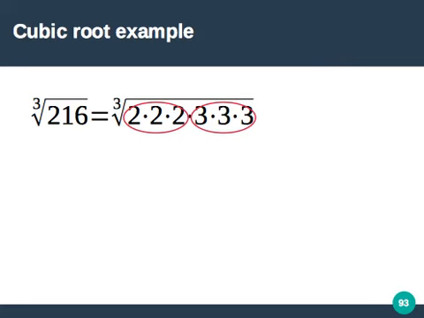And indeed, we have these groups of 3s. This group of 3 2s has a cubic root, which is going to be 2, and this group of 3 3s has a cubic root, and it's going to be 3. Now what's going to be next? We're going to multiply that, and we get a 6.